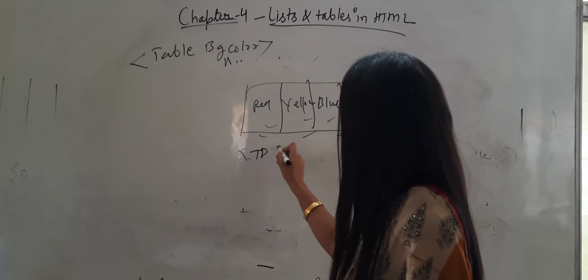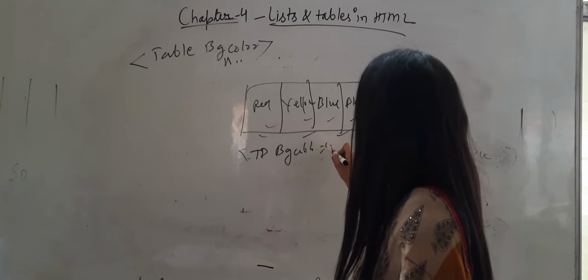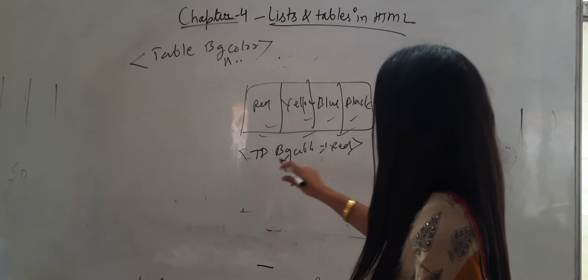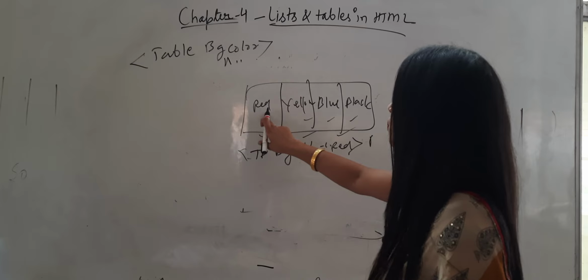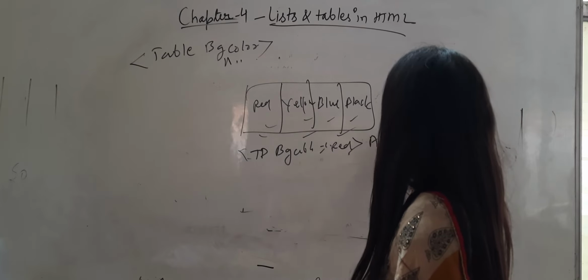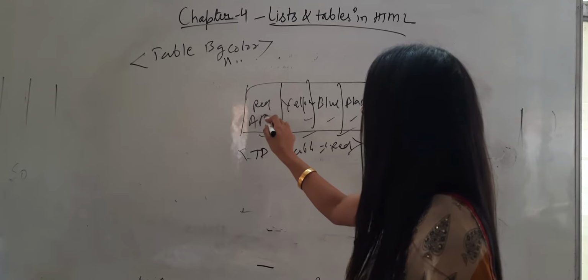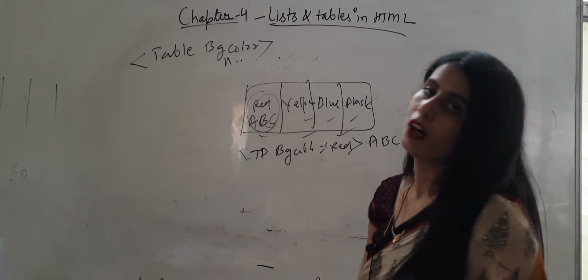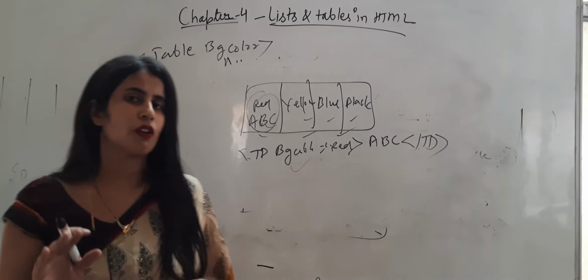First is TD. Here I will use BG color equal to red. This tag is closed, then I write what I want to keep here. Suppose I write ABC and close it. So ABC will appear and its background will be red. In this way we can define the background color of any cell.